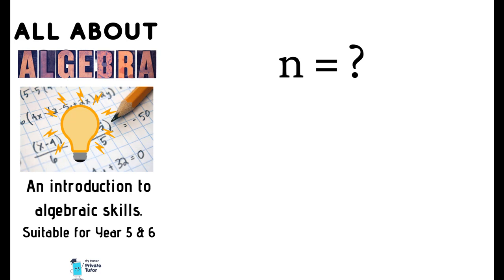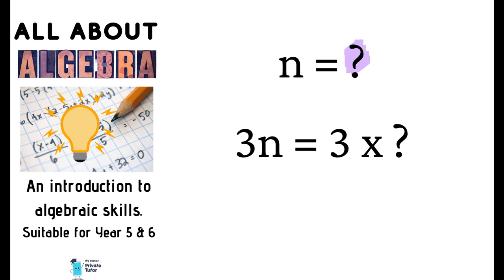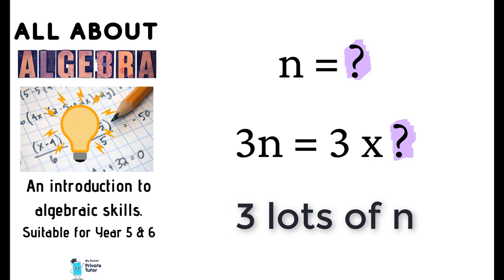For example, when we see something like 3n, what this actually means is 3 times that mystery number. Now remember earlier on I said that n is the same as our mystery number. So 3n actually means 3 times that mystery number, 3 multiplied by that mystery number.